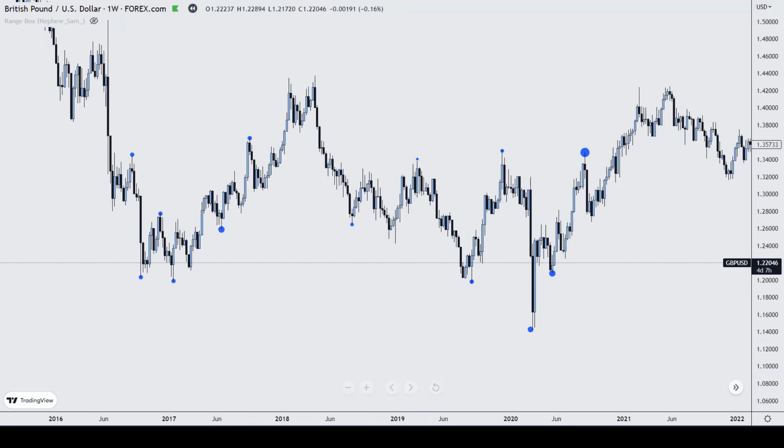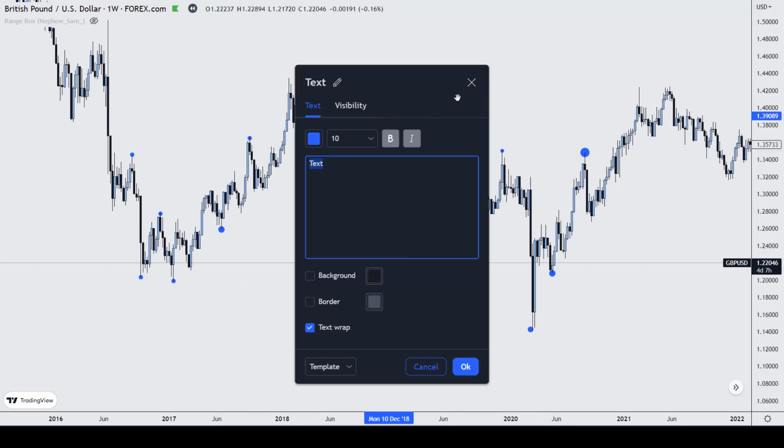Like in my last video, I think I have stated there are some types of liquidity. To first understand liquidity, you have to understand what the types of liquidity are. One of the types of liquidity is internal range and external range.